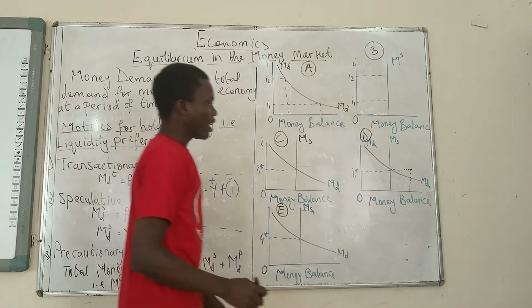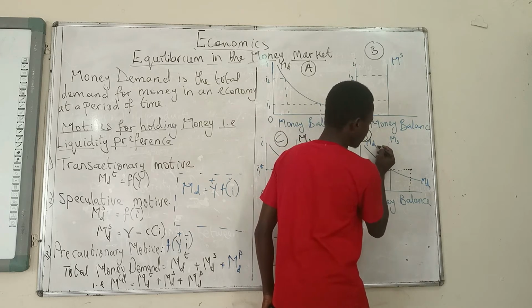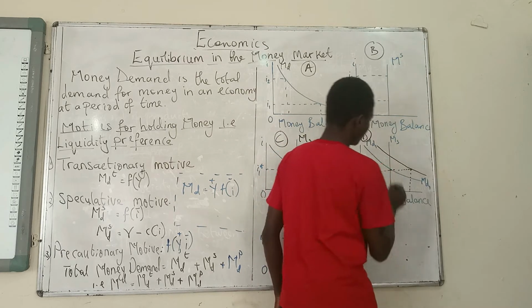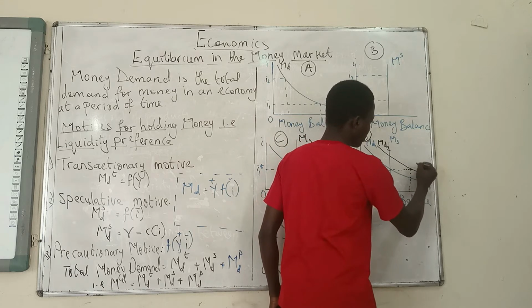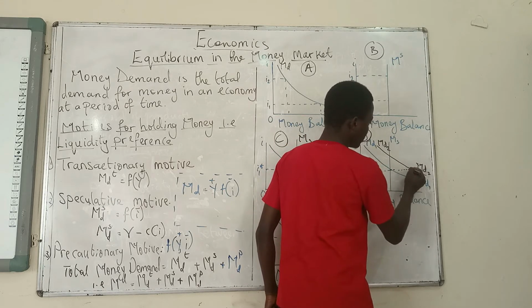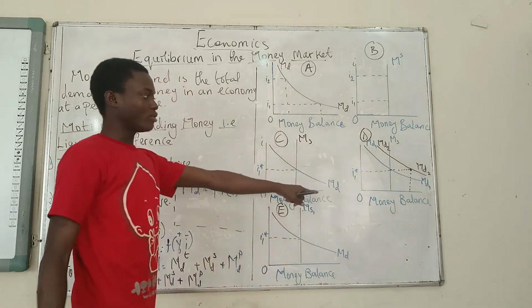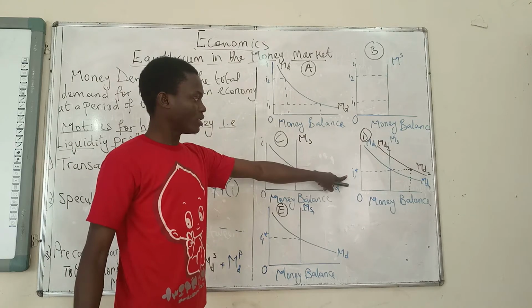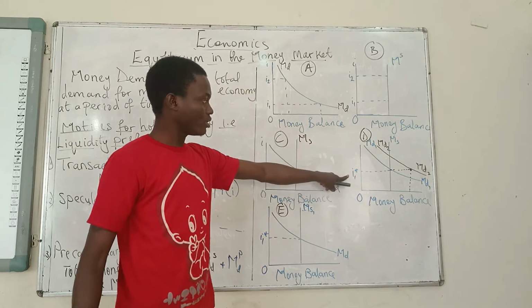In order to state what is going to happen to the demand curve, we have to draw something like this. So this is ND2. There is an increase in the demand for money. That is how we notice, because the equilibrium interest rate is not changing.